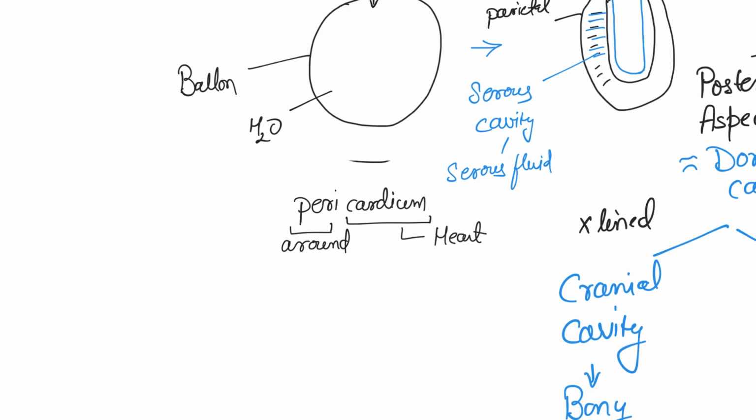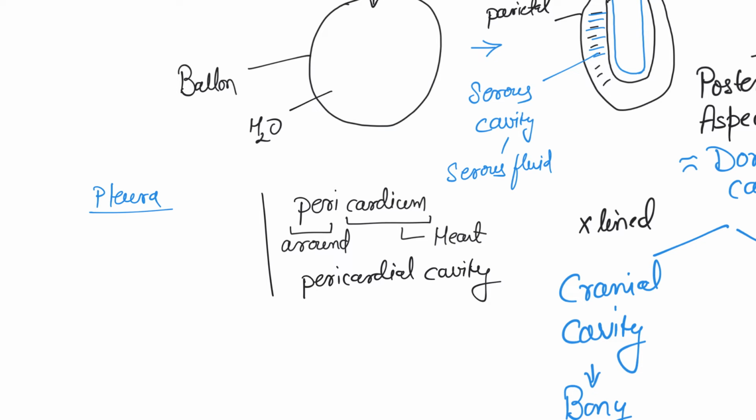And the cavity in between the pericardial membranes would simply be known as the pericardial cavity, right? And don't worry, we'll go into the details of these, but another example is the pleura. Pleura is the double layered serous membrane around the lungs, right? And in between those membranes, the parietal and the visceral, we'll have the pleural cavity, right?